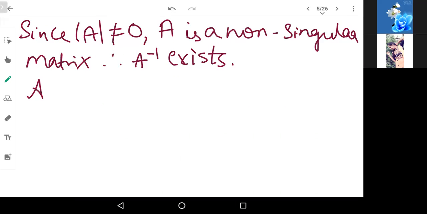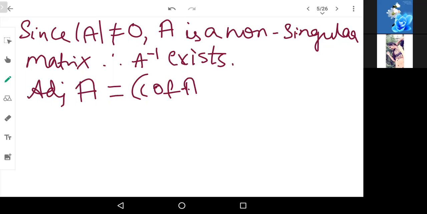Now, the next procedure, find the adjoint of A. Before finding adjoint of A, write the formula, which is nothing but cofactor of A transpose. If you just put a dash, it is transpose. If you put A to the power minus 1, it is called inverse. Before finding adjoint, we have to find the cofactor.